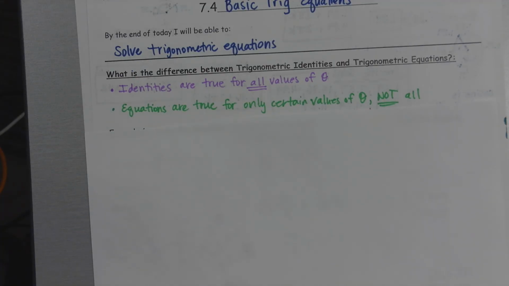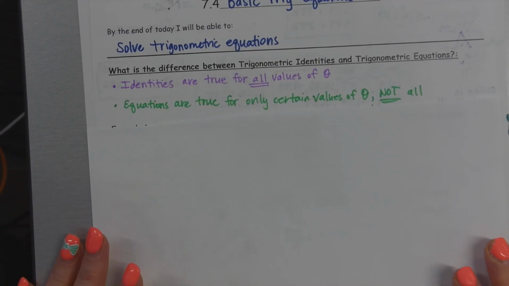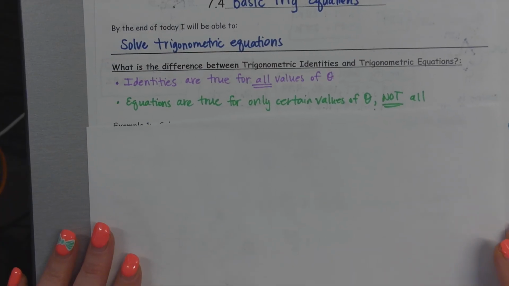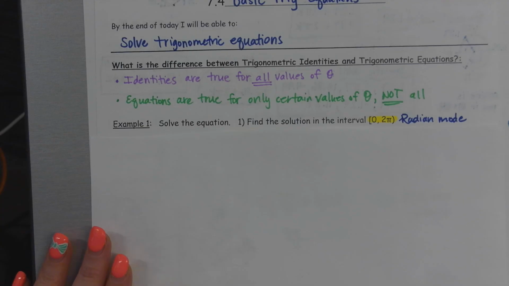Okay, so for example 1, you are going to solve the equation. So we are going to find the solution in the interval 0 to 2 pi. Okay, there are going to be some of these where we're using our calculator. So when that happens, you want to make sure that you are in radian mode.